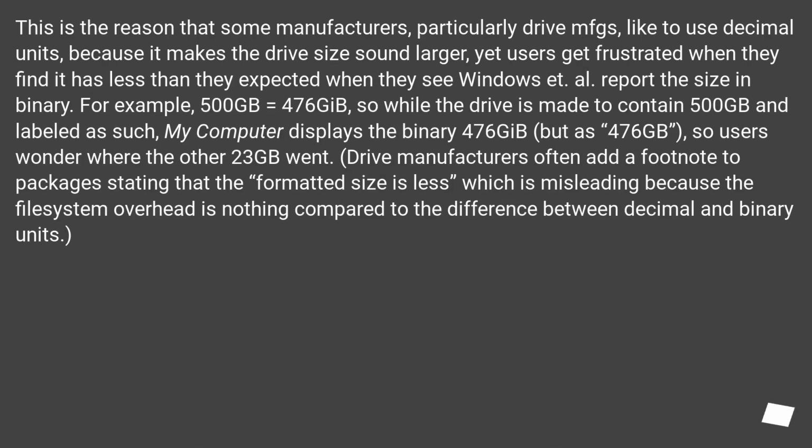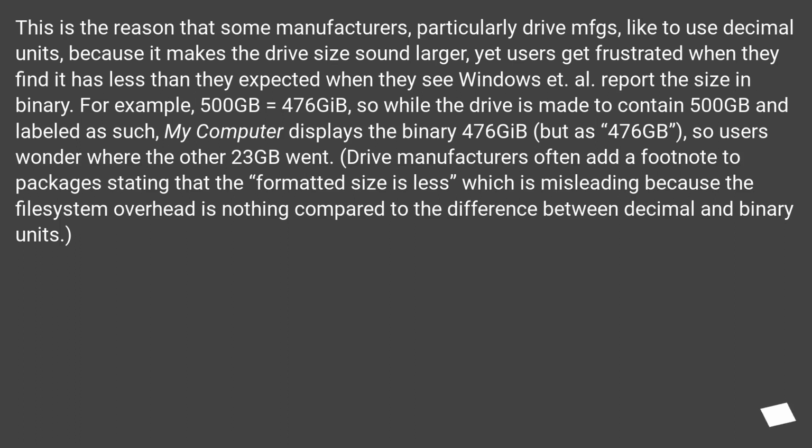This is the reason that some manufacturers, particularly drive manufacturers, like to use decimal units, because it makes the drive size sound larger, yet users get frustrated when they find it has less than they expected when they see Windows report the size in binary.